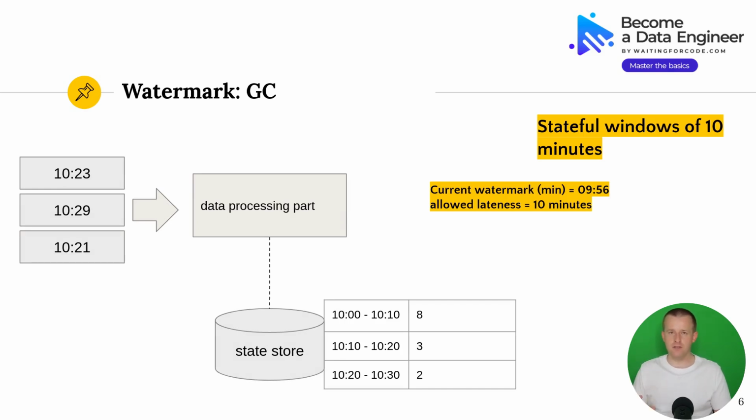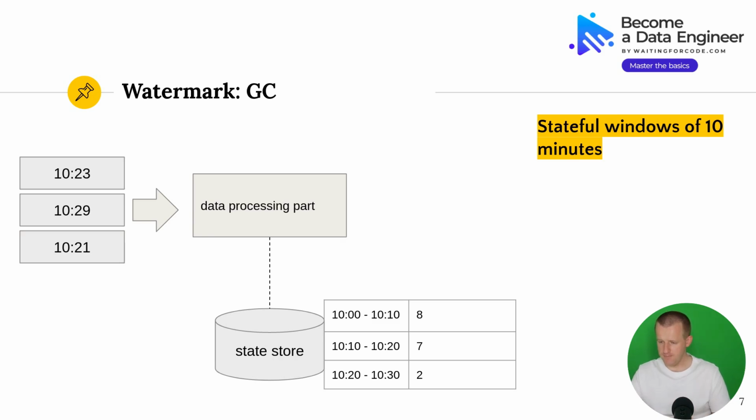Here we are processing state windows of 10 minutes, and the current watermark is 9:56, and we allow a latency of 10 minutes. In our state store, we have three open windows that can get data. It's a simple counter, by the way. For each window, you can see that we have the start and the end time.